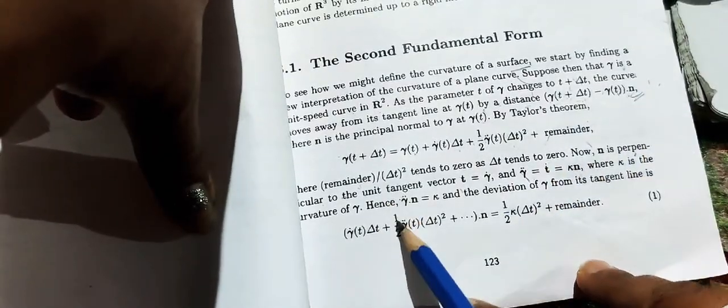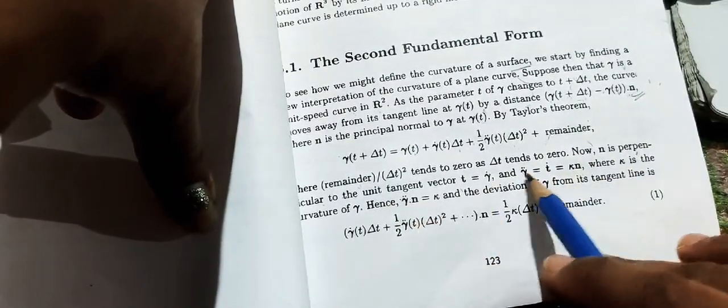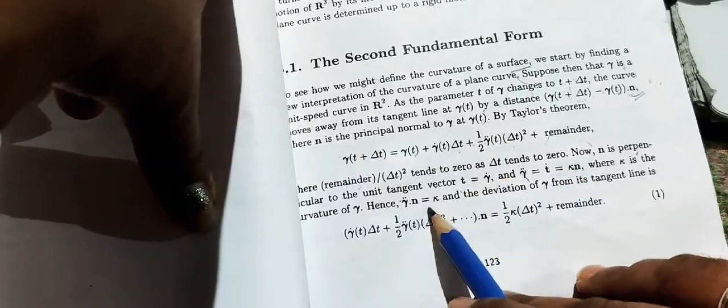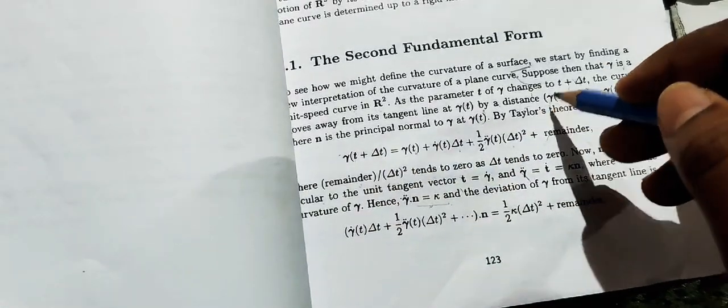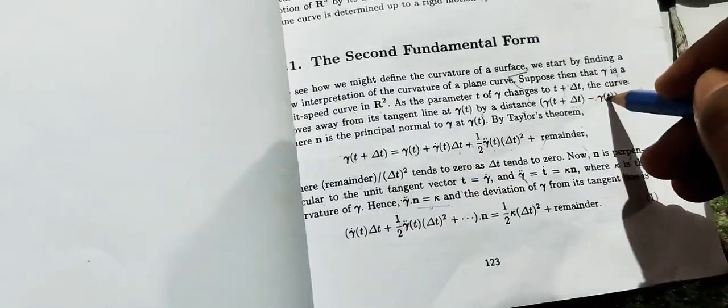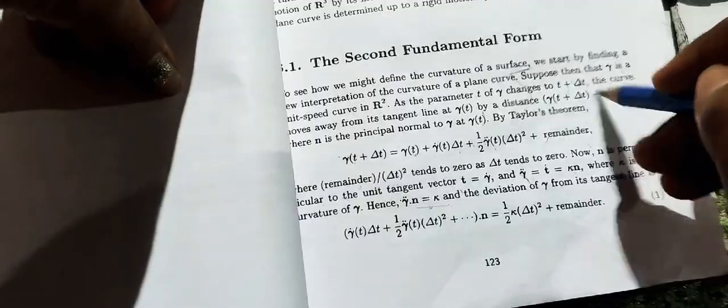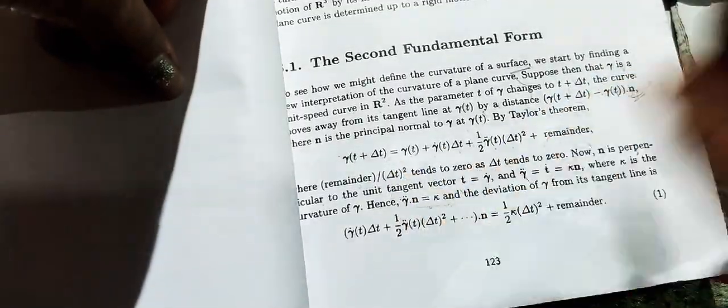So gamma double dot dot n is K. Now we substitute for gamma of t plus delta t.